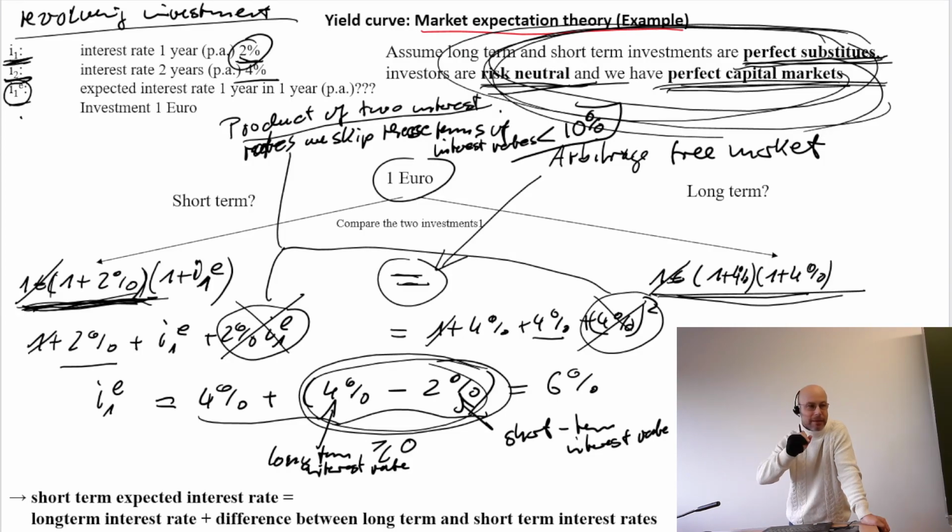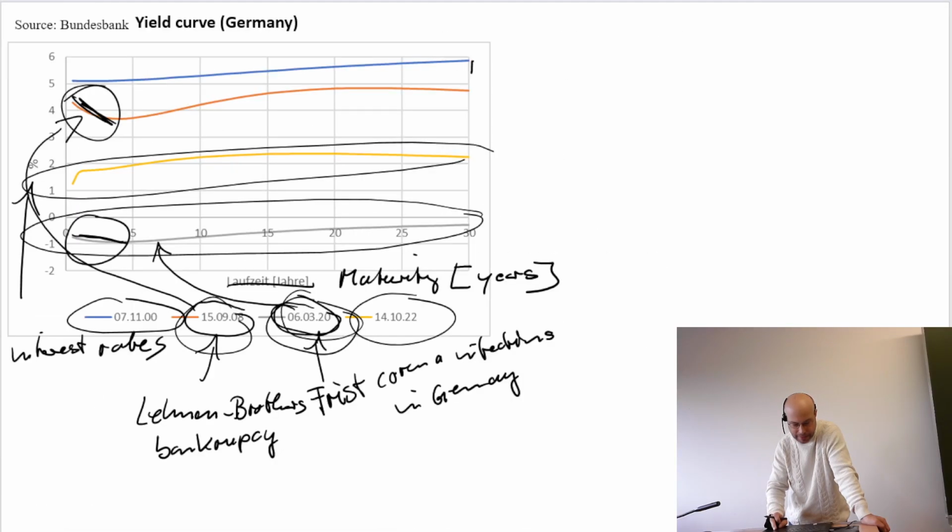And if you, in a minute, go to other crises in history, we always saw an inverse yield curve when a really hard crisis was coming or has come later on. So this is actually a very good indicator.